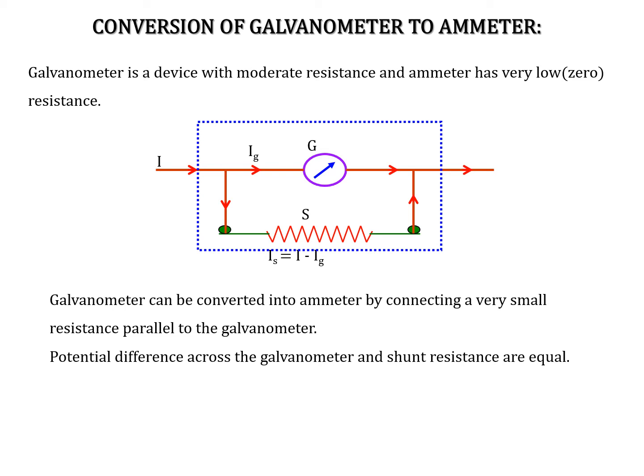So the potential difference across the galvanometer is Ig into G, and across the shunt the potential difference is (I minus Ig) into S. Therefore, S can be written as Ig into G upon (I minus Ig). So thus we can convert a galvanometer into an ammeter.